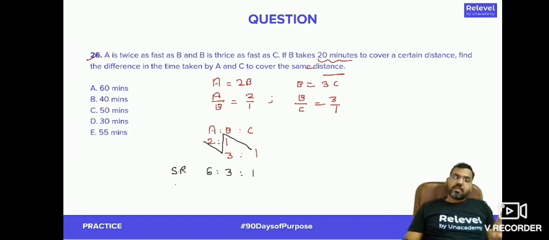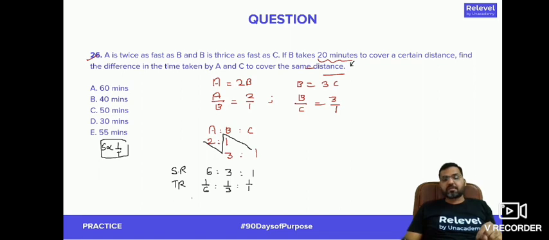So therefore, if the distance is constant, can I say time ratio would be inverse of speed ratio, right? Speed is inversely proportional to time when distance is constant. So time ratio would be inverse of speed. That means it would be 1 upon 6, 1 upon 3, 1 upon 1, which can be converted into the integral form by multiplying it with a number which is a multiple of 6 and 3.